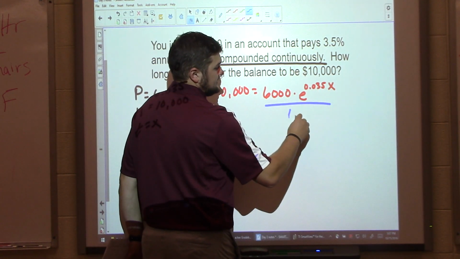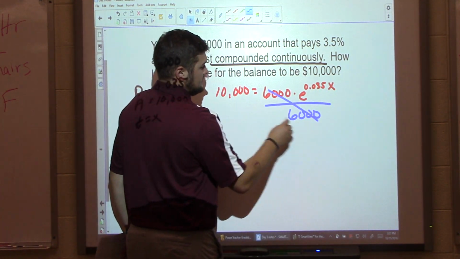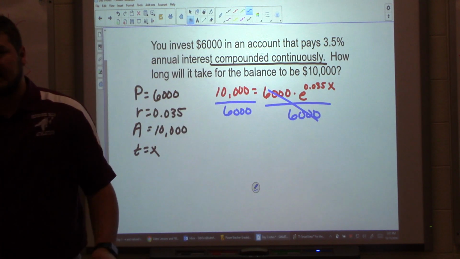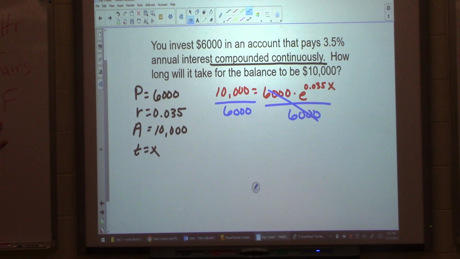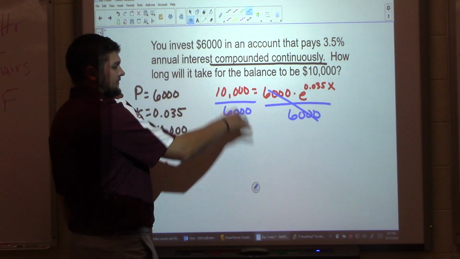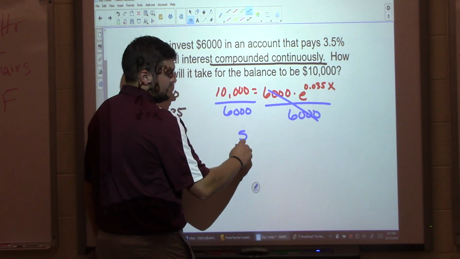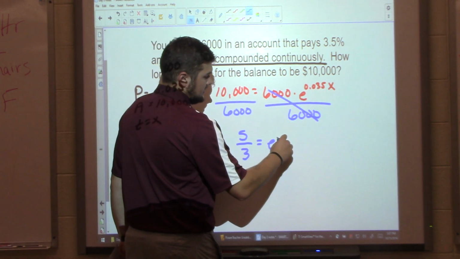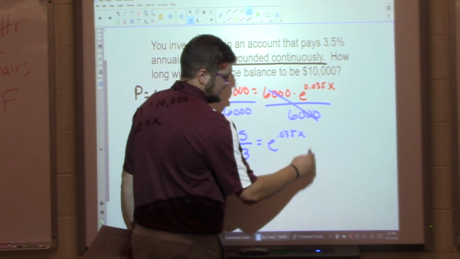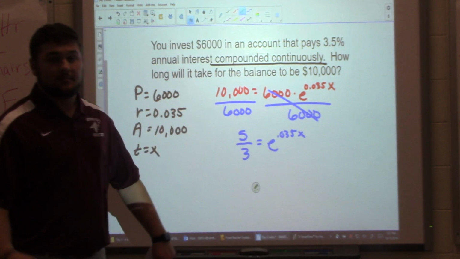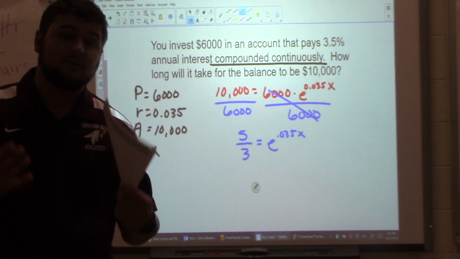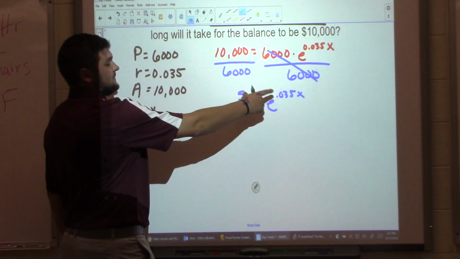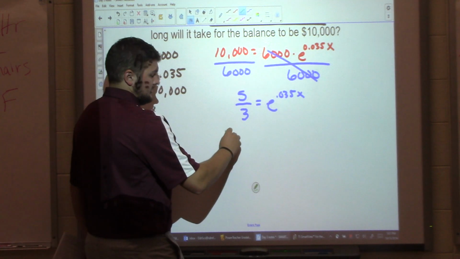So I'm dividing by 6,000 on both sides. 10,000 divided by 6,000 gives me a repeated decimal. So I'm just going to reduce my fraction as much as possible, which ends up being 5/3, equal to e to the 0.035x power. I'm looking at an exponential. To solve it, I need to switch to a log. I've said it 15 times now. We take our exponential, switch it to a log.